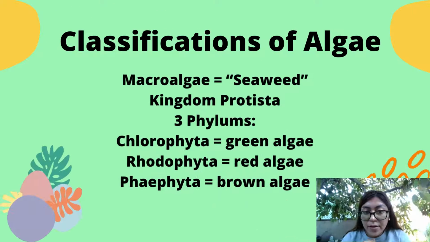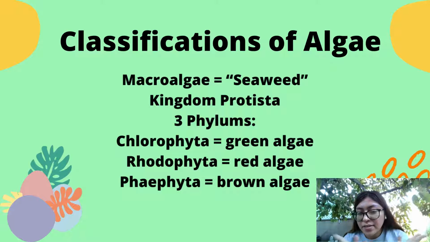Now here we're going to be talking about classifications of algae. Here it says that macroalgae is considered to be seaweed. The kingdom Protista and the 3 phyla. I hope I'm saying this correctly. My pronunciations are pretty off, so I'm just telling you this in advance.